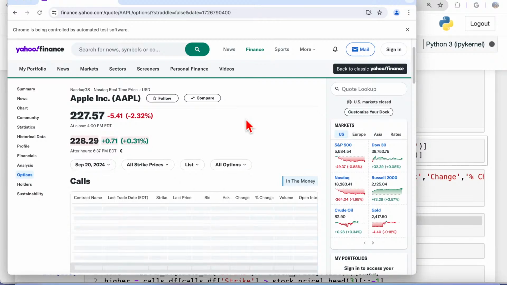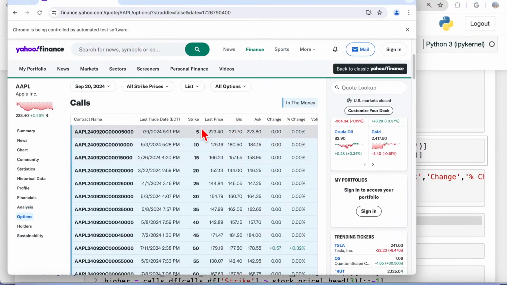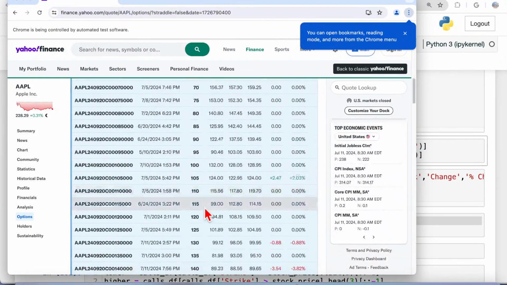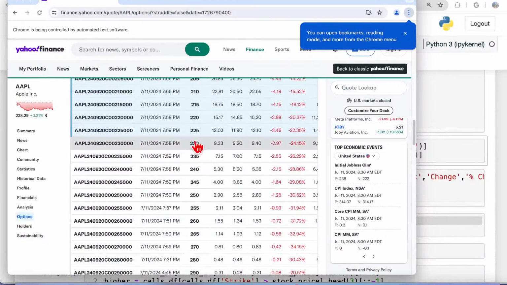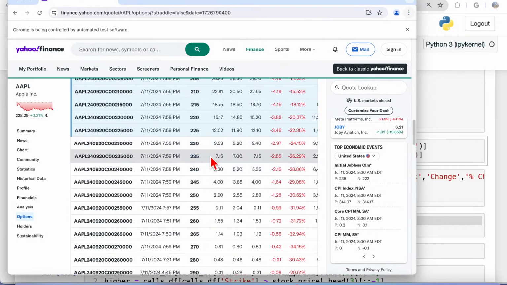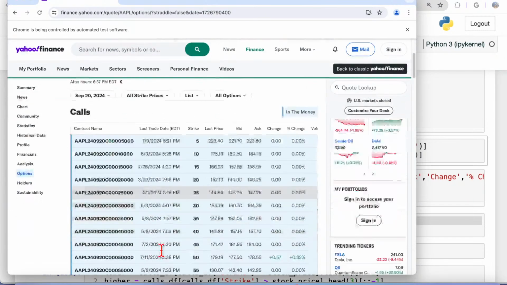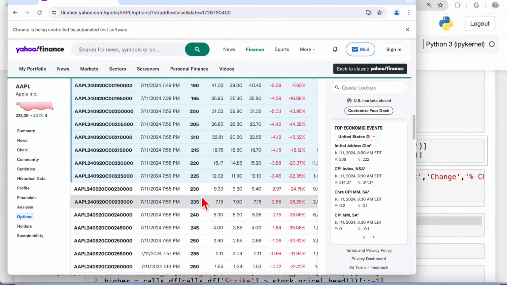So I don't care about all the strike prices, because here you see we got strike price, and I don't care about $5, $10. Now that's not important. I care about strike prices that would be closer to today's closing price. Today's closing price is 227, so I'm trying to get something closer to that.